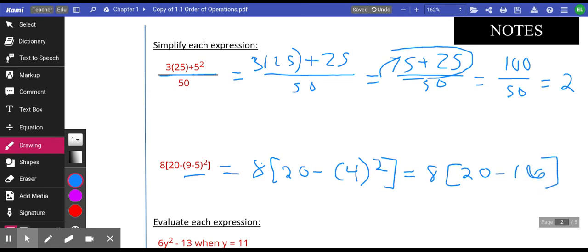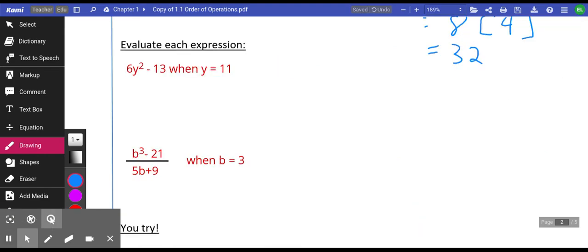So now we must subtract 16 from 20. So 8 times 4, leaving our final result at 32. And if you were to type this expression into your calculator exactly as is, you would and should get the same result.